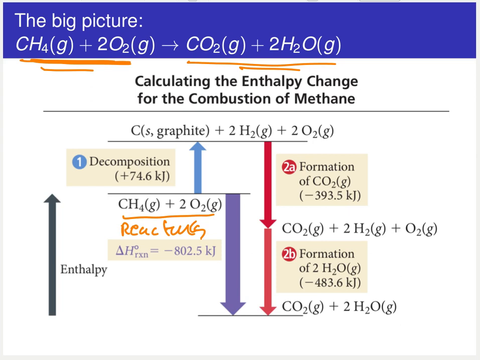And the idea here is to break apart these reactants into their most stable elemental forms right up here on the top, and then once you've broken it apart into these most stable elemental forms, take those individual elements and build up the products that we care about, CO2 and H2O, and then look at the overall change in reaction associated with decomposing all the reactants and then forming all of the products.